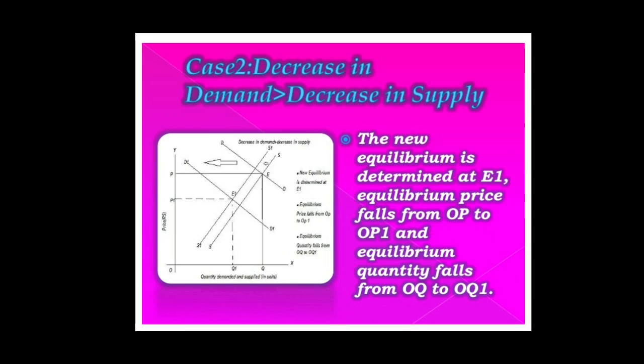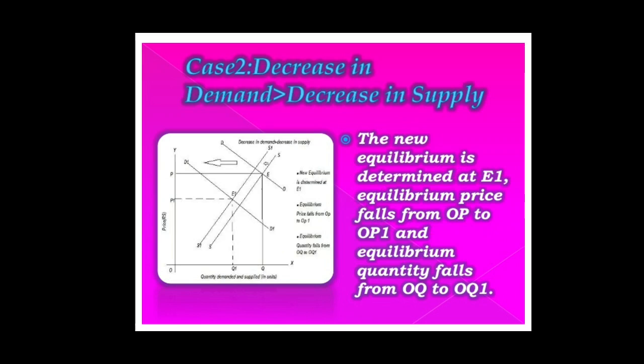At point E, equilibrium price is OP and equilibrium quantity is OQ. Due to decrease in demand, the demand curve shifts leftwards from DD to D1D1, and due to decrease in supply, the supply curve also shifts leftwards from SS to S1S1.